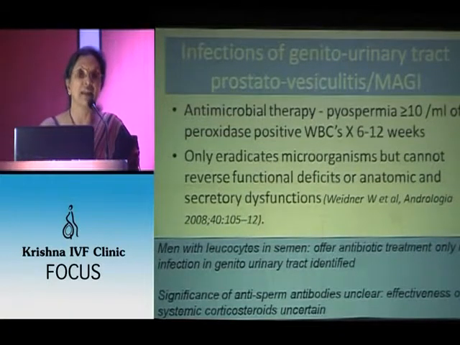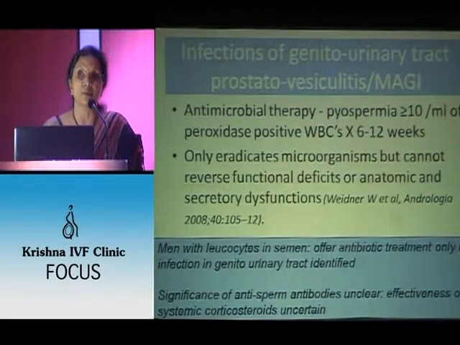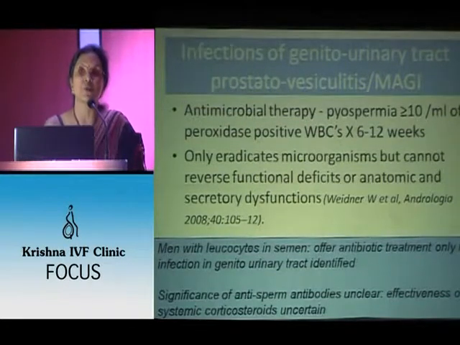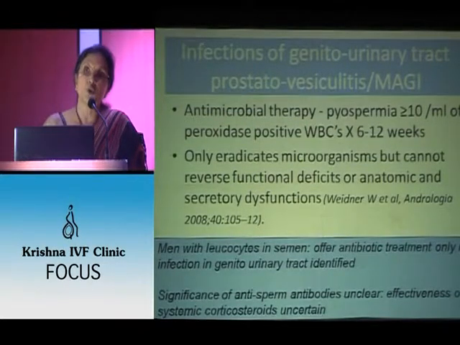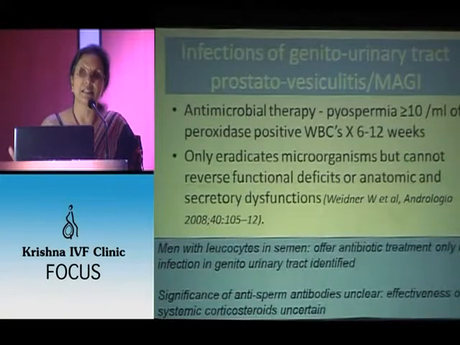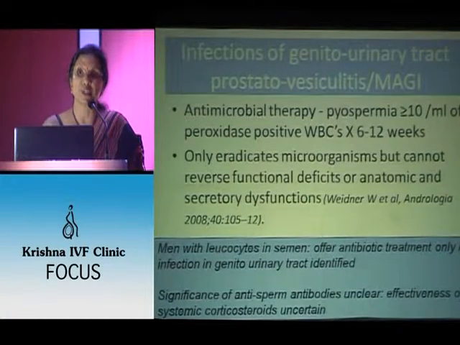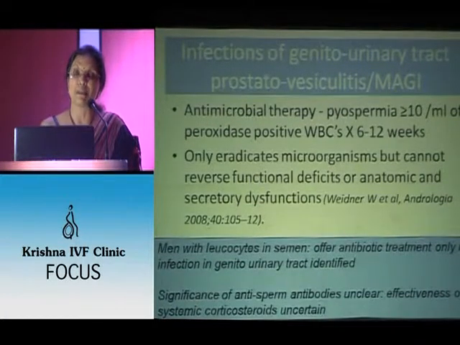male accessory gland treatment is not for just 2 or 3 weeks like in the female, it is almost 6 to 12 weeks. Then there has been a little controversy over quinolones. Even though the Urological Society advises quinolones as the first line treatment for male accessory gland infection, we know that quinolones can depress spermatogenesis. They collect on the sperm membrane, and spermatogenesis could be depressed for as much as 6 months.